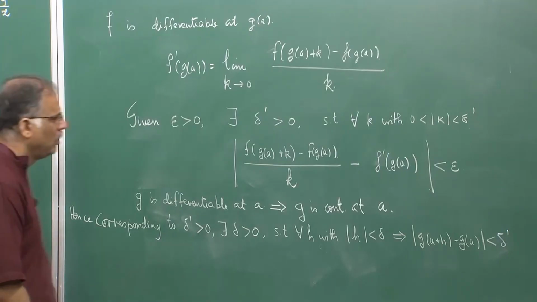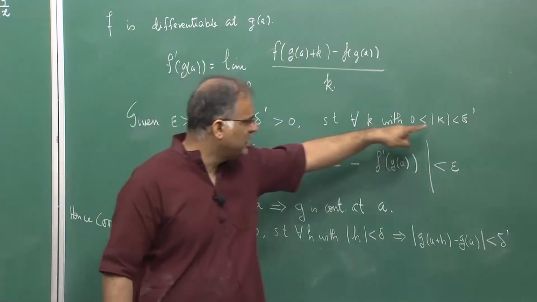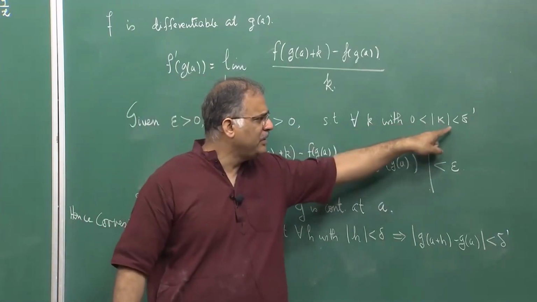Now, this fact, that given epsilon there exists delta dash for which this holds, is true for any k which satisfies this.